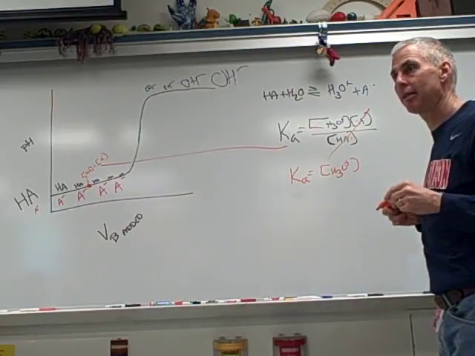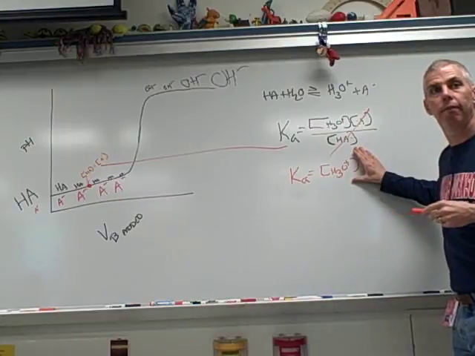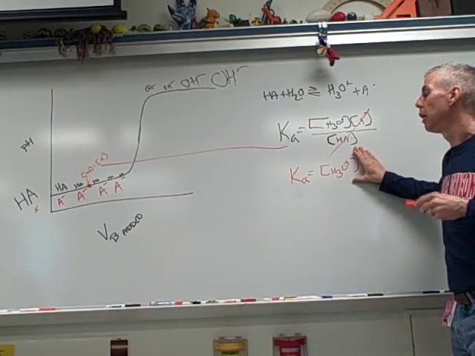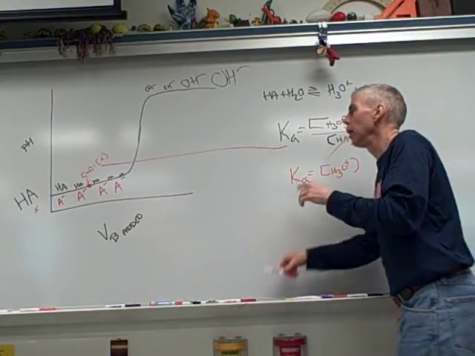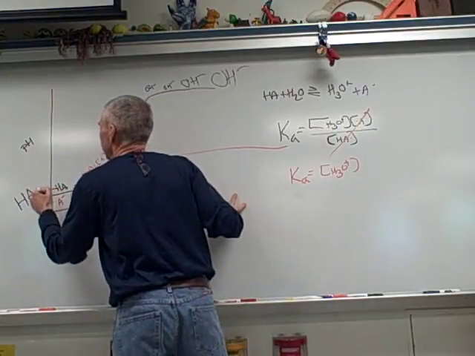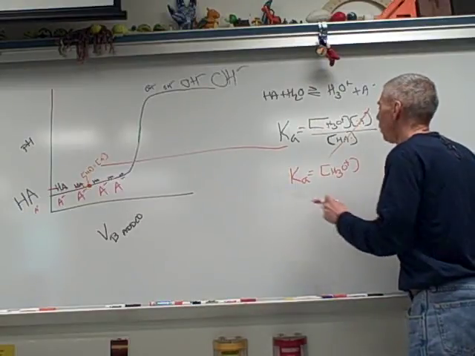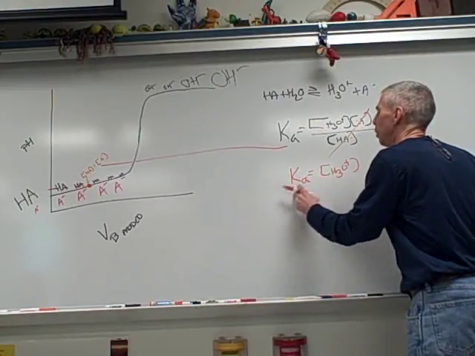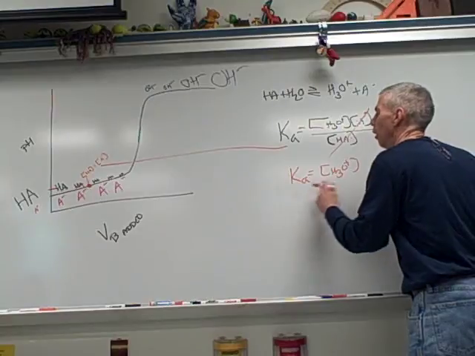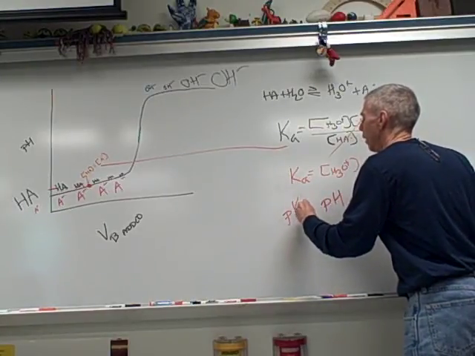Does that make sense? Are we okay with that? Now, here's the deal. We're not working in H3O plus concentrations, we're working in pH. So we know the pH at that point. Well, we can take the p of both sides of this. We can take the pH and the pKa.